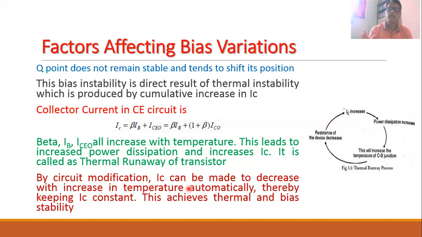And if such arrangements are made in the biasing circuits, then the bias stability of the transistor will increase. So in the next session, we'll be discussing the various biasing circuits of the transistor. And in these biasing circuits, we will see how IC is kept constant, even if beta is changed, or even if the temperature of the transistor is changed.